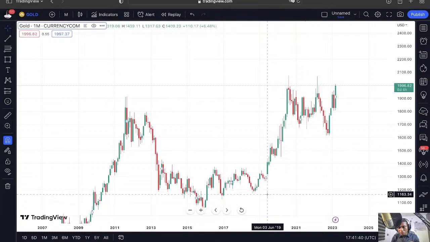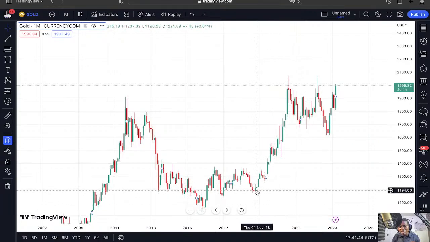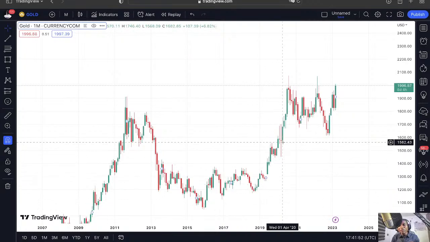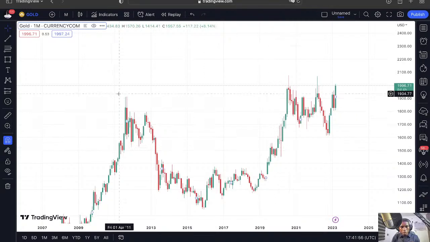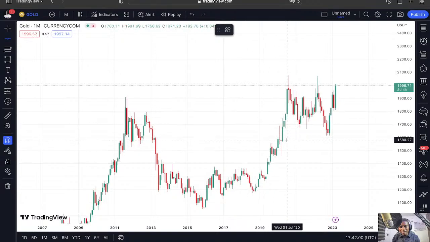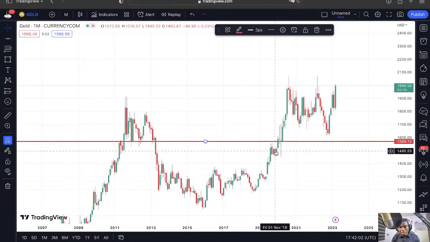If you look at this chart, you will see that it started moving massively from 2019, 2020. It went massively up. We had a resistance zone here, but the resistance zone was struck out.